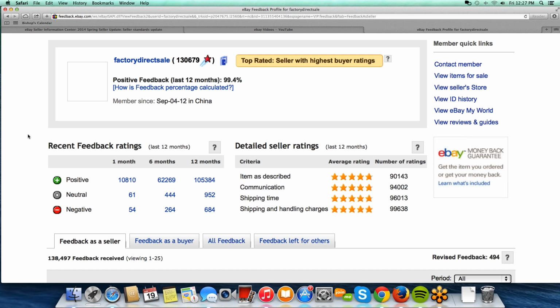Well, that's not that big of a deal because, look, they've had 10,810 successful transactions at least, because not every successful transaction is going to show up as a positive feedback. Some people don't even leave feedback, right?